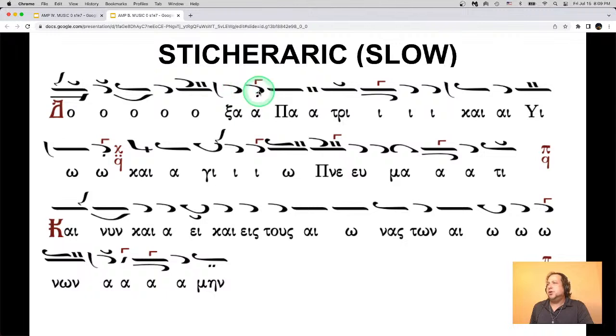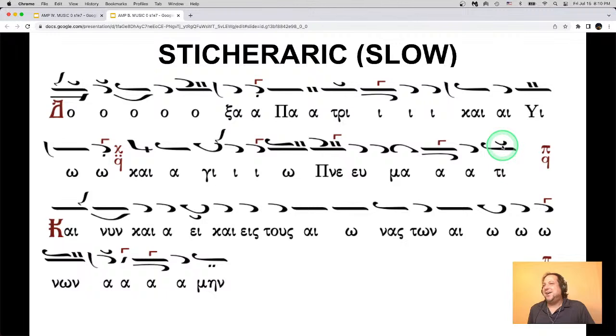Doxa, patrikeio, keio pneumati. Now you can imagine a lot of you that are already somewhat versed with the different melodic structures in ecclesiastical music of the Greek Church, or the Orthodox Church actually, because this is also done in a lot of Eastern Mediterranean Sea countries.